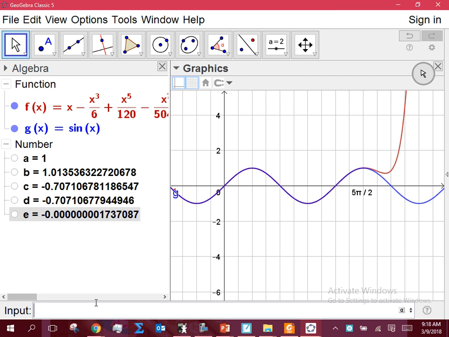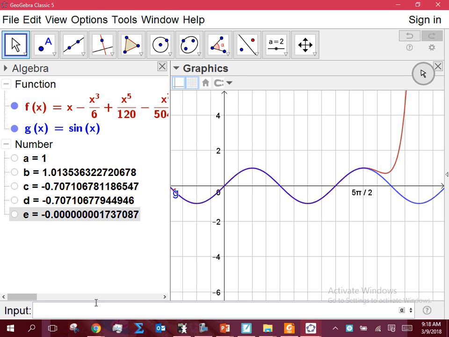All right. And like I said, the more terms we put in that f function, the less that error is. So that's easier for a programmer to program into your calculator every time somebody hits the sine key.